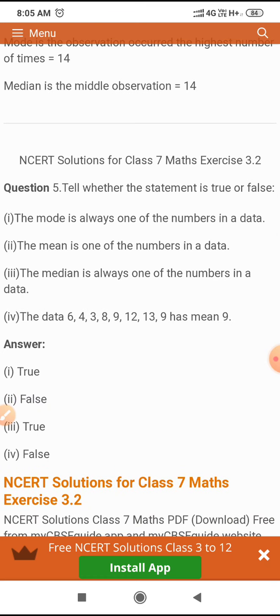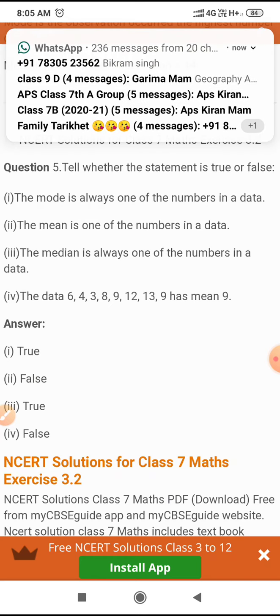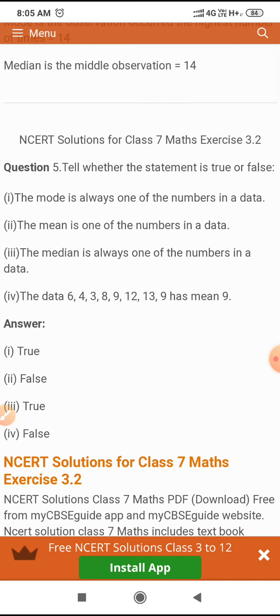The third part is: the median is always one of the numbers in the data. It is true. The fourth part is: the data 6, 4, 3, 8, 9, 12, 39 has mean 9. After solving this question we find that it is false.